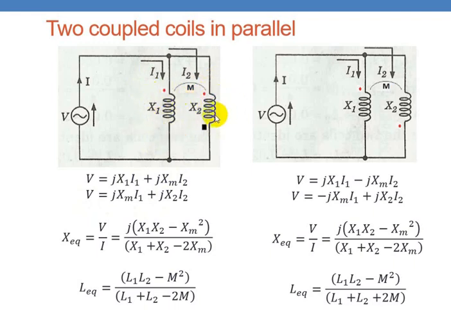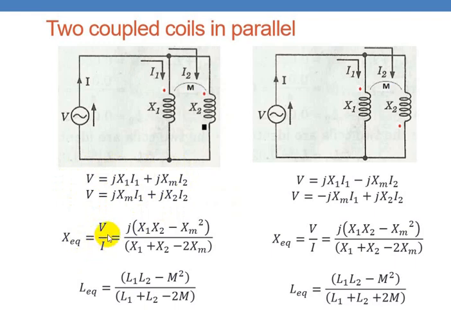So we write an expression for V. V will be equal to the mutual inductance voltage, which is because of the current in the other coil, so you write jXm into I1, plus the voltage in this inductance, that is jX2 into I2. So these are the two equations. Now from these two equations you get X equivalent as V by I.